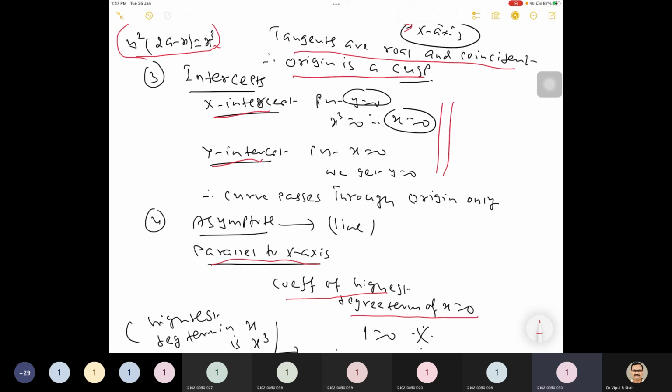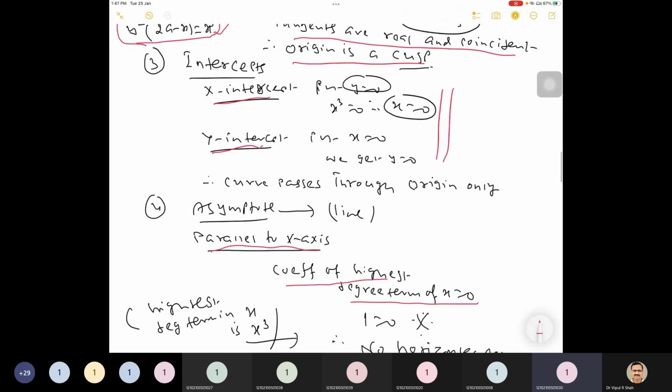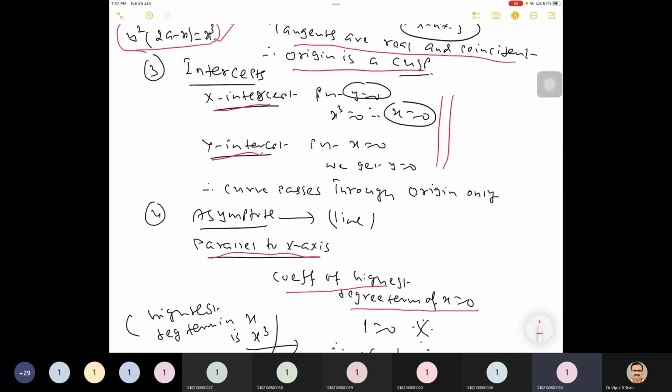Now see, this is the equation. What is the highest degree term in x? X cube. Term, not saying degree. We use the word term. So the highest degree term in x is x cube.